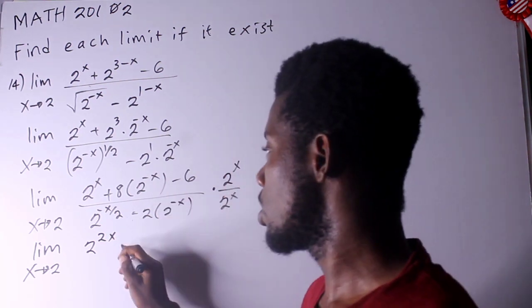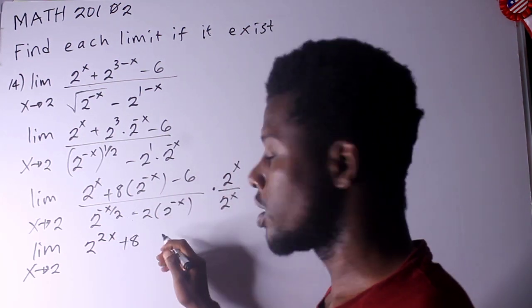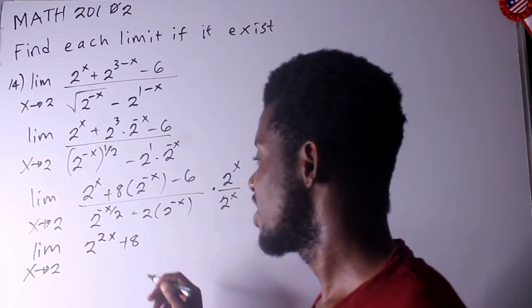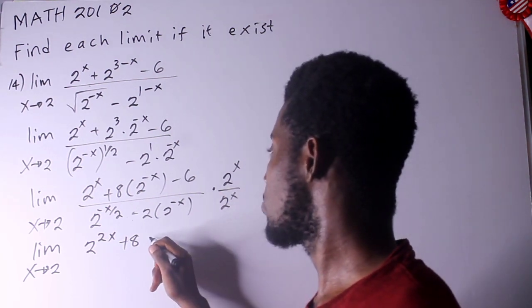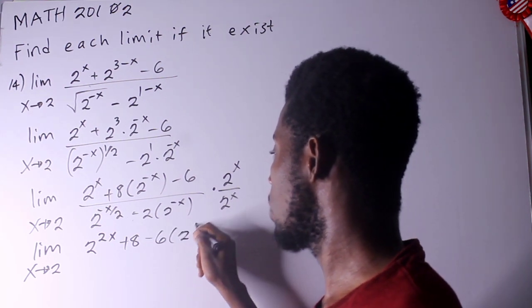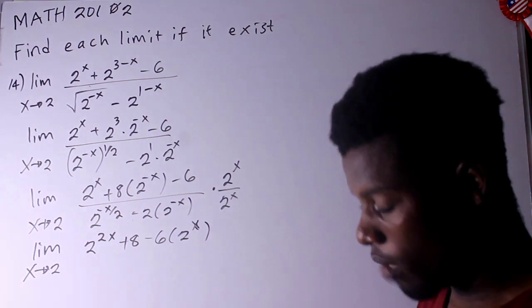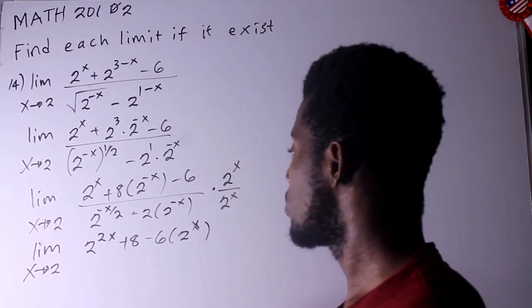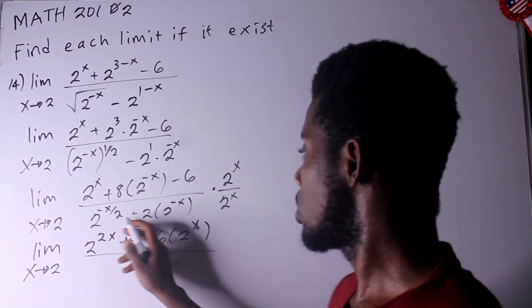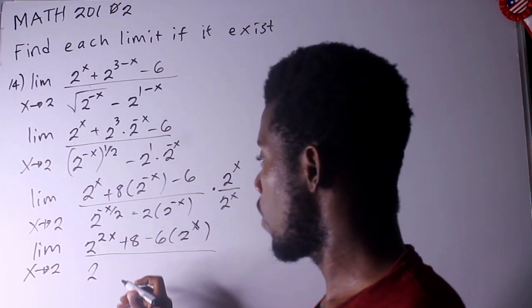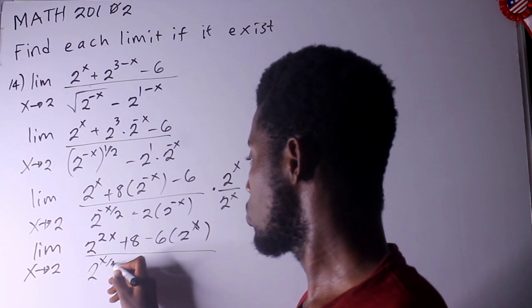This time this is 8. And then this is minus 6 times 2 raised to the power of x, all divided by 2 raised to the power of x over 2.